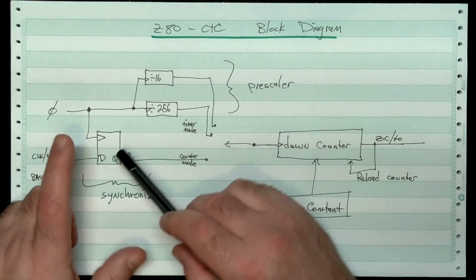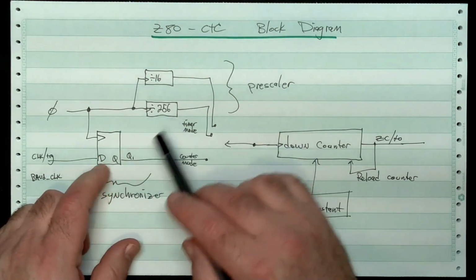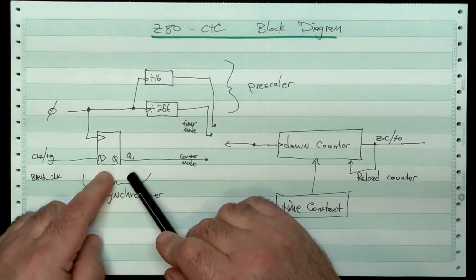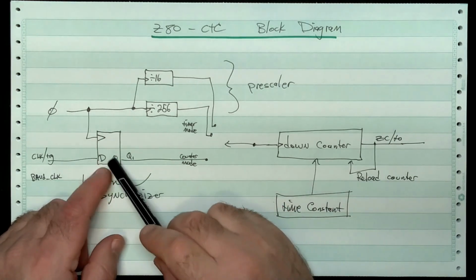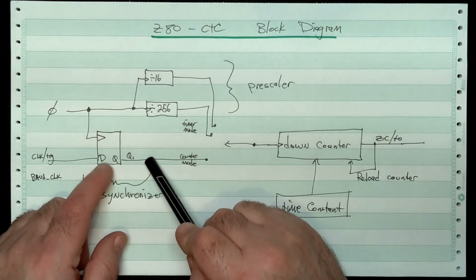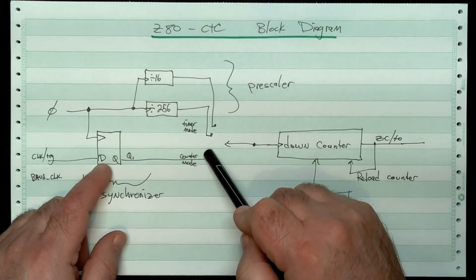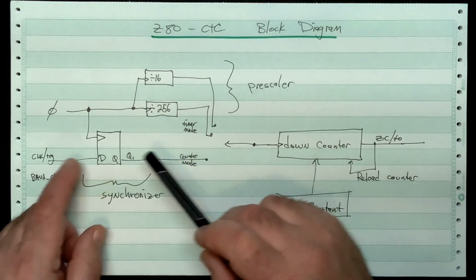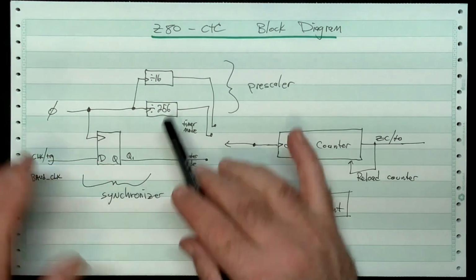Okay, so we use this as an oversimplified conceptual synchronizer circuit. You'll see these if you ever do any work with FPGAs and stuff. You'll use a sequence of 2 or 3 latches like this in series to synchronize a signal to your system clock. Okay, so let's just keep this simple.